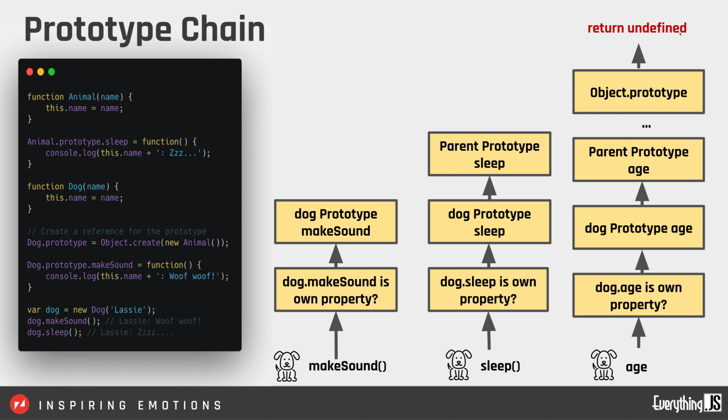Actually, what we are doing is creating a new instance of animal, and we use the object create method to extend dog with animal.